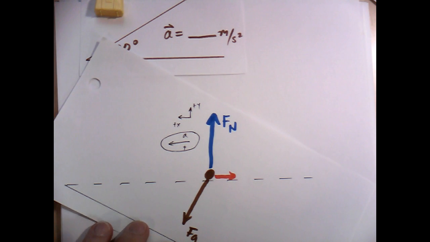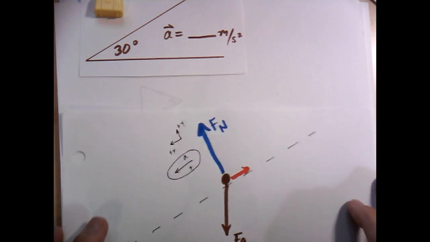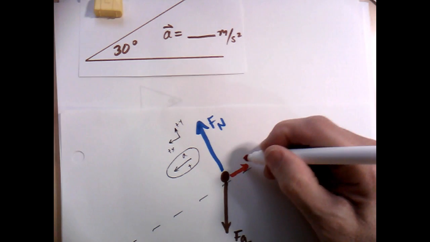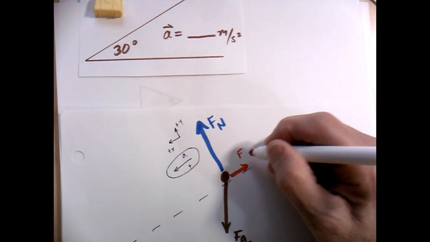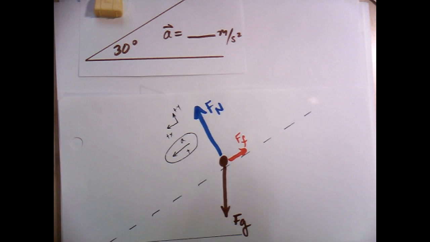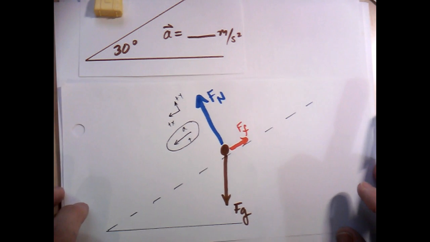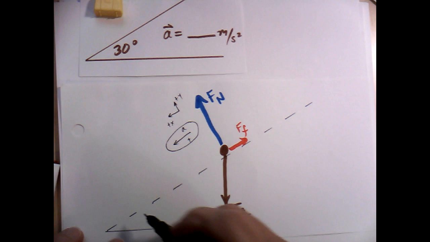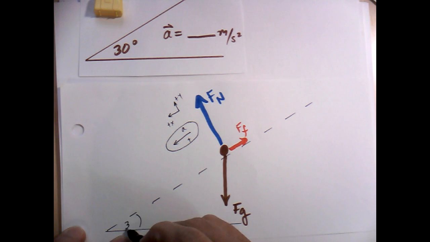So we've labeled the direction of acceleration, which is the direction of the net force down the ramp. Okay, and I forgot to draw in this label, F sub friction. Okay, so now that we've got those arrows identified, let's go ahead and add the rest of the information that we need here. First of all, let's acknowledge that this is 30 degrees here.